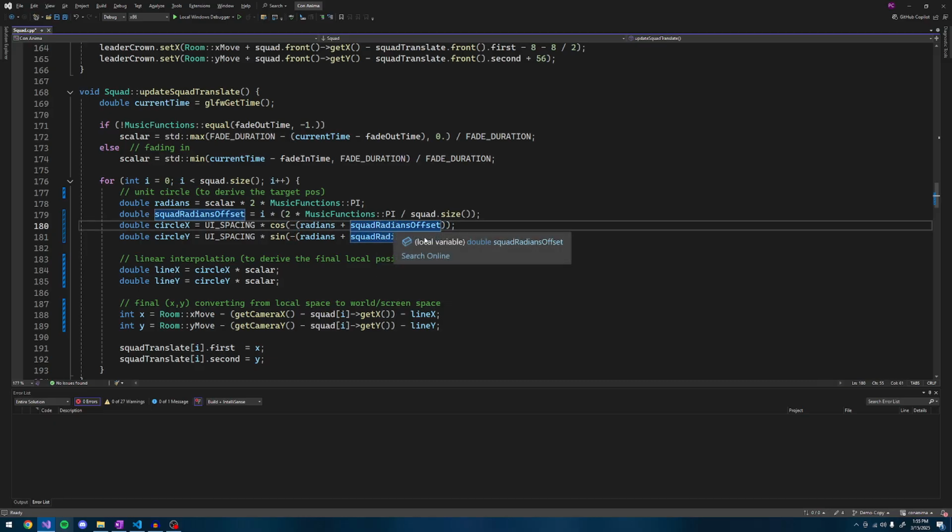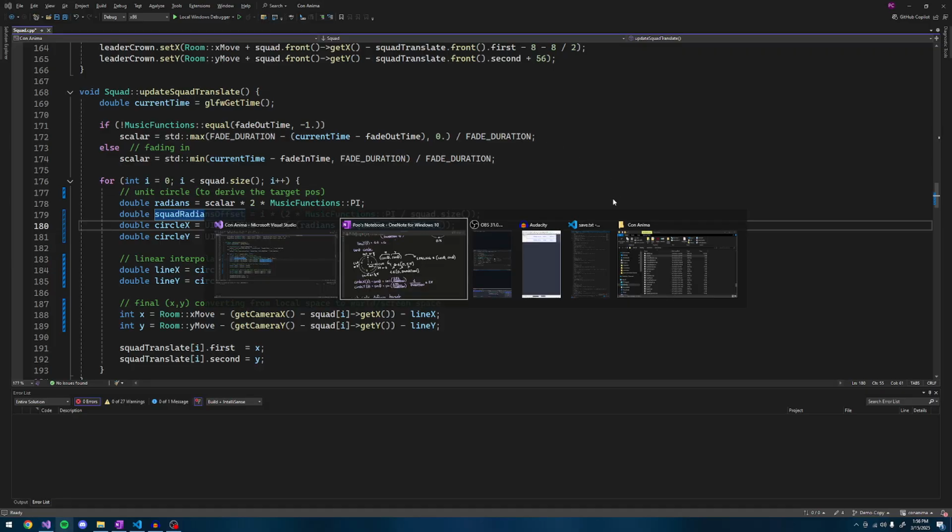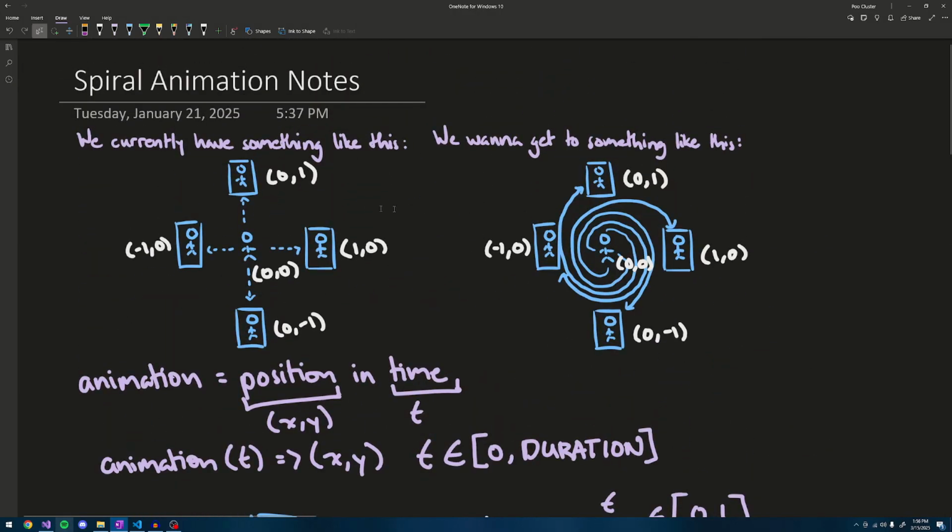And the last thing is we need to make sure that instead of starting on the right, the leader should be on the top, right? Correct. The leader is currently here on the right, but we need the leader to be here on the top. So how do we get from here to here? Well, we know the entire duration is 2 pi.